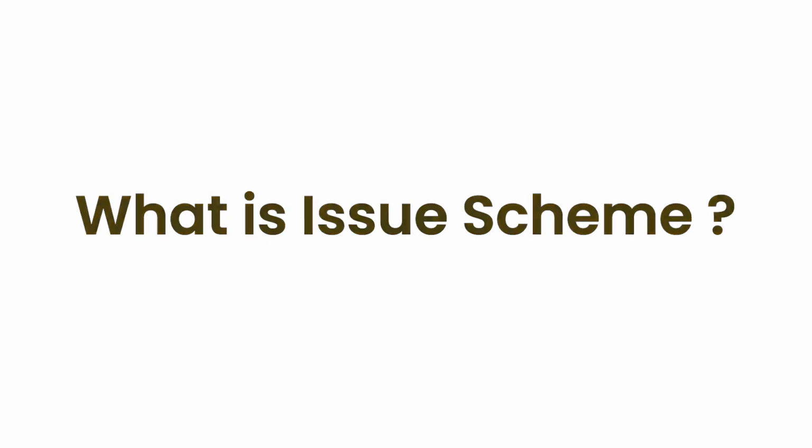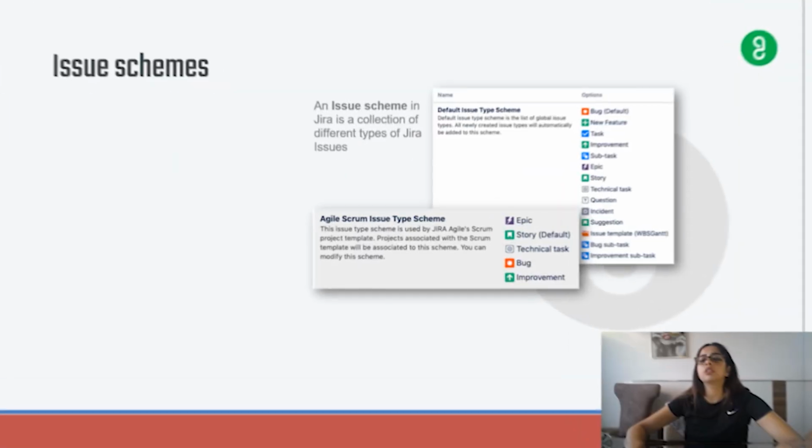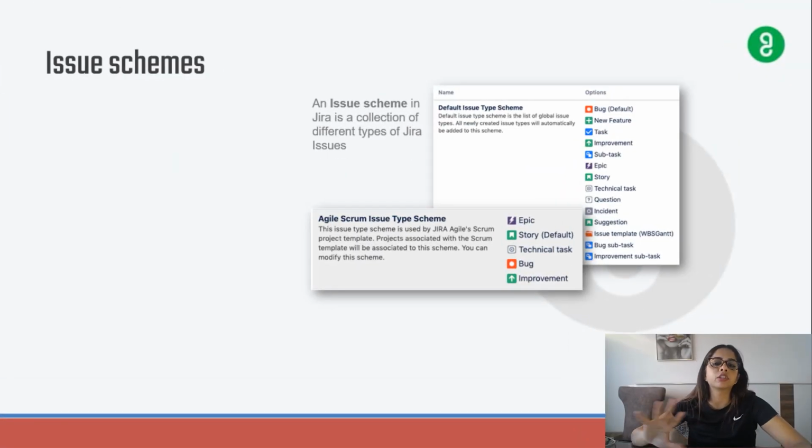Now there's something called issue scheme. An issue scheme in Jira is a collection of different types of Jira issues. So we can create collections. Let's say we have a default issue scheme that contains the list of these, which you can see on my screen. We can create issue schemes for agile, scrum, in which we can have epic, story, bug, improvements, whatever we want.